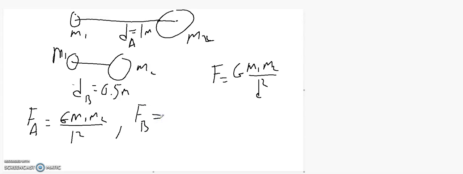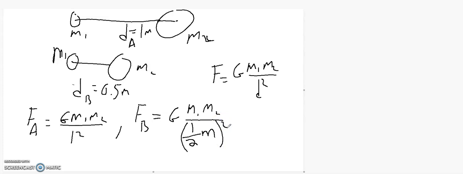Anyhow, for situation B, it is G times M1 times M2, whatever those values are. They have to be in kilograms, by the way, if you were to actually use this formula. And then remember, 0.5 is, of course, 1/2. Let me write it like that, 1/2 meters, but you square that. Now look at what happens.